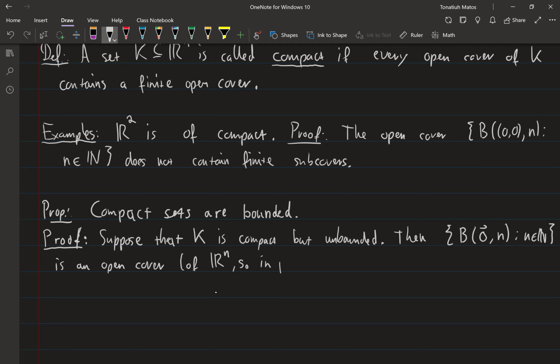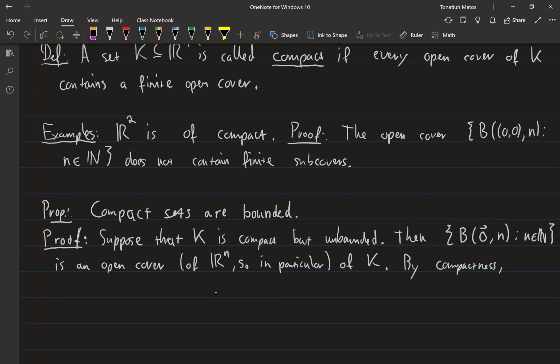So in particular, by compactness, there is a finite amount of balls that cover K because it's compact, and that's what the definition says.